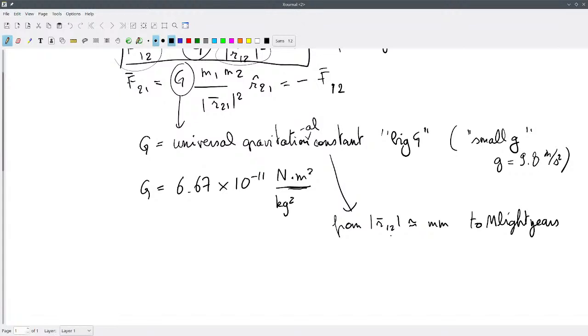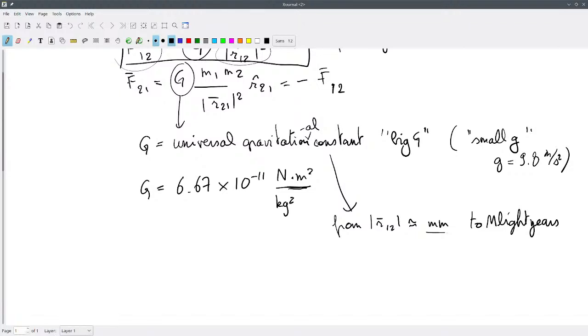So that means it describes gravitation not just at one particular distance scale. It describes gravitational forces at all distance scales, or at least all distance scales larger than millimeters.